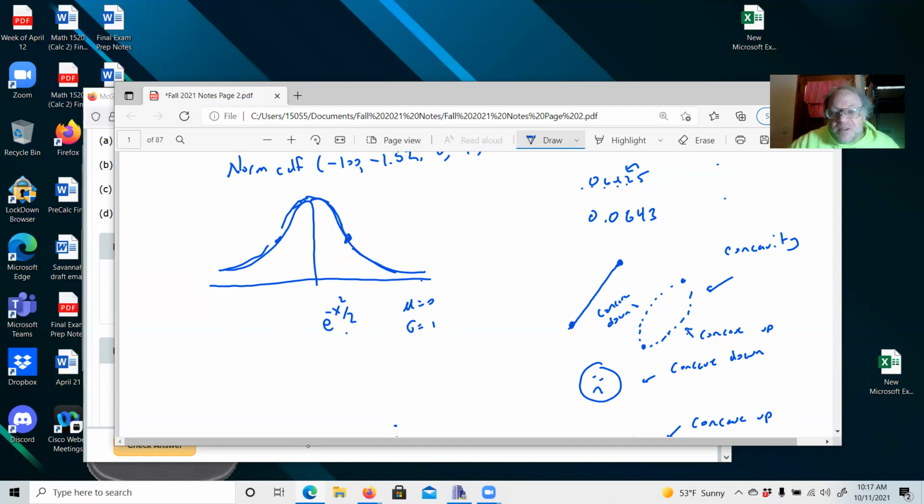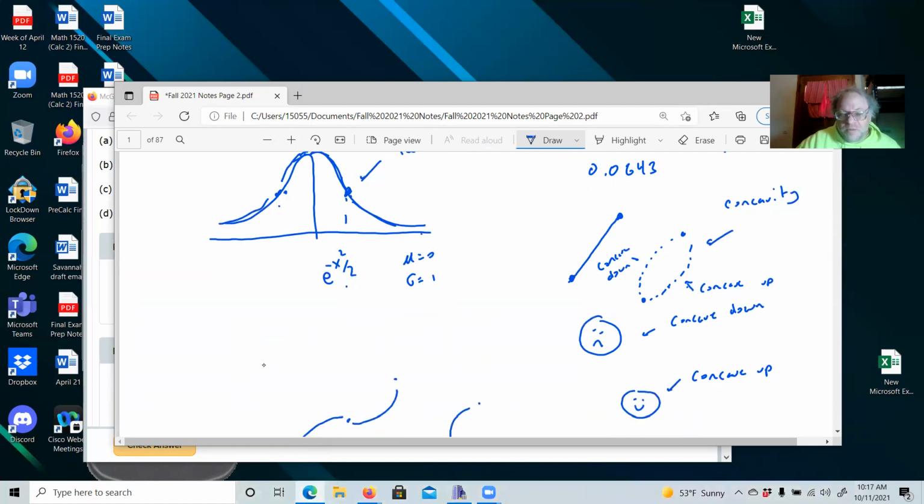But there's an inflection point right here. The inflection point is always 1 standard deviation away from the mean, okay? So when I draw my little normal distribution, right? Yeah, that's terrible. Doesn't really show what I wanted you to show. But this piece here, that distance is about 1 sigma.